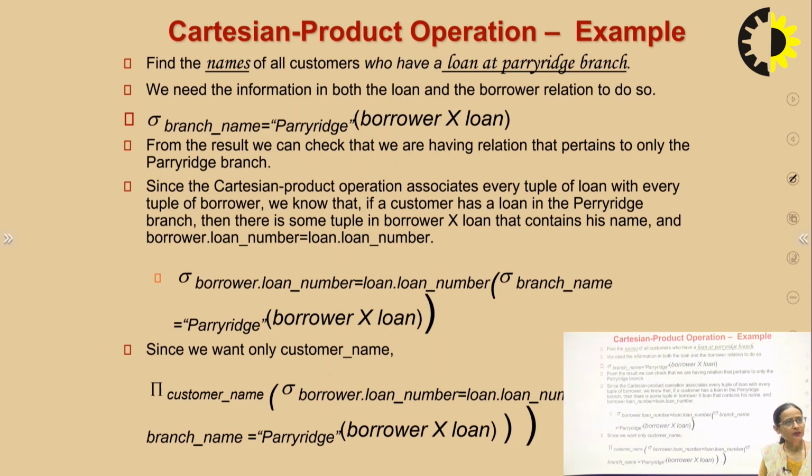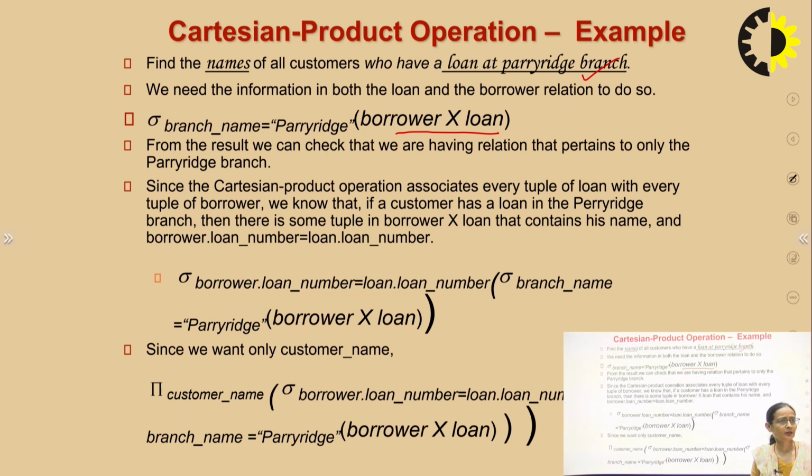For example, find the names of all the customers who have a loan at the Perryridge branch. So what do I need to find? Names, and the condition is that the branch should be the Perryridge branch. So we need the information in both the loan and borrower relations. So we have set branch name equal to Perryridge, but we have taken the cross product of borrower and loan.